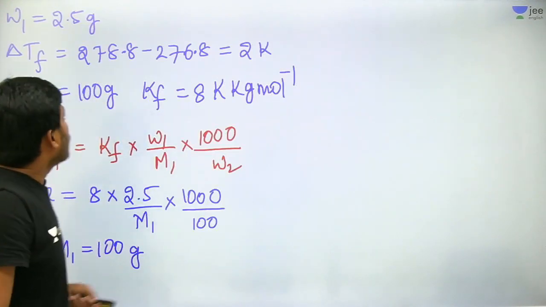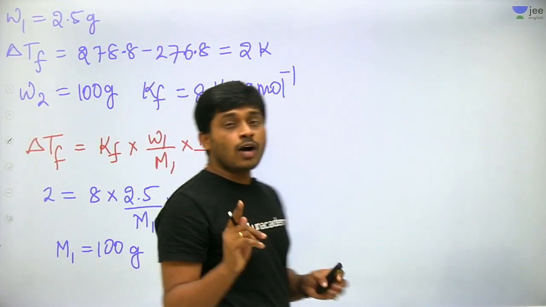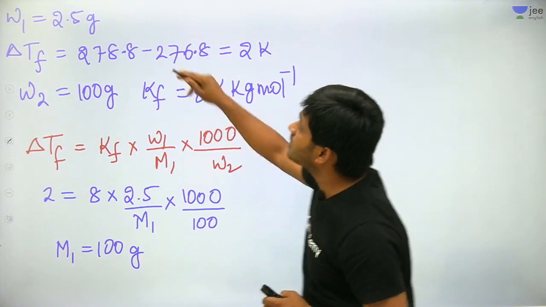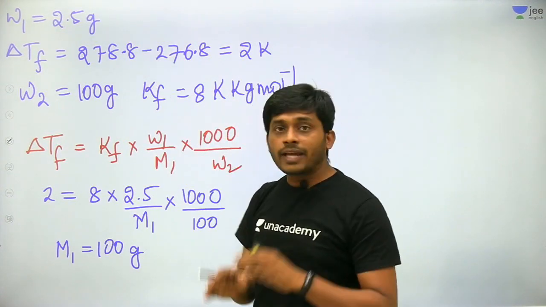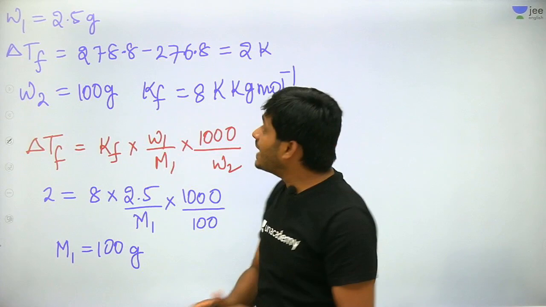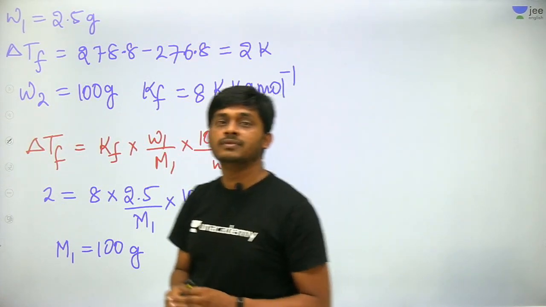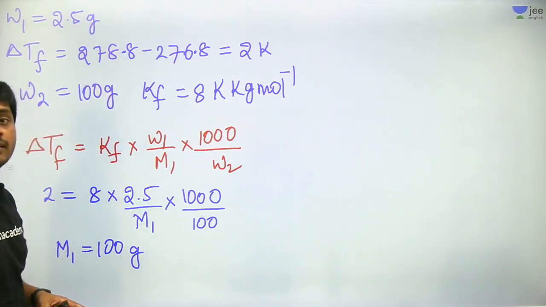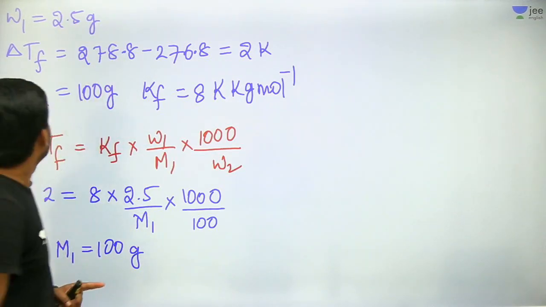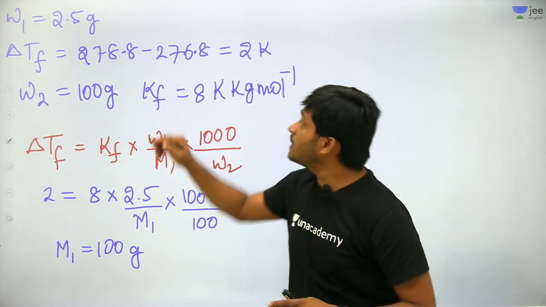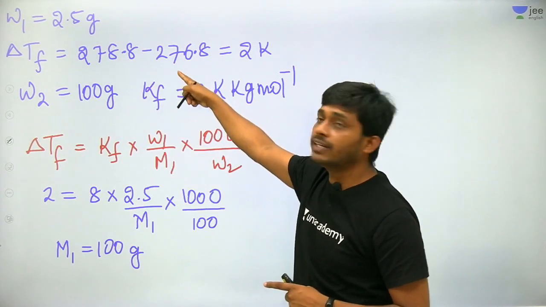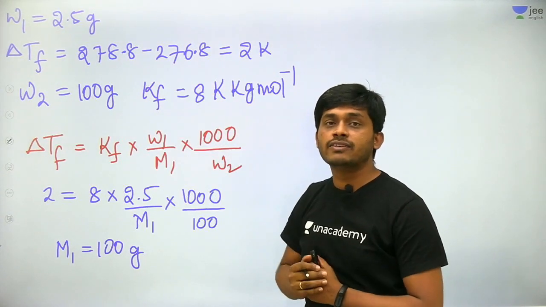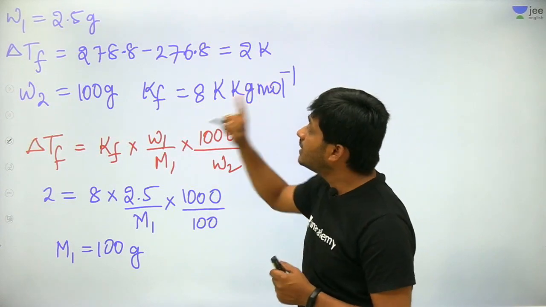See here how to solve this. So unknown compound, mass. So to get full marks, write all these steps stepwise. First, mass of unknown substance 2.5 grams. Next, depression in freezing point 278.8 minus 276.8, right?